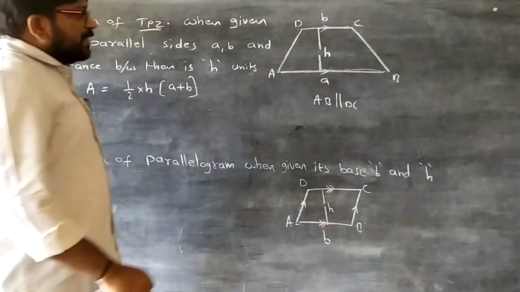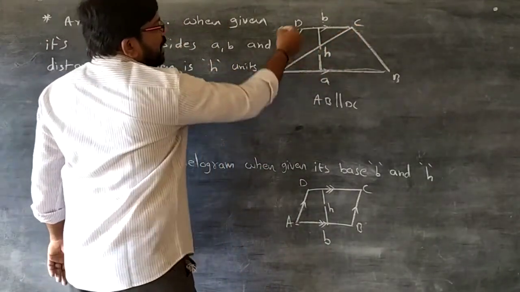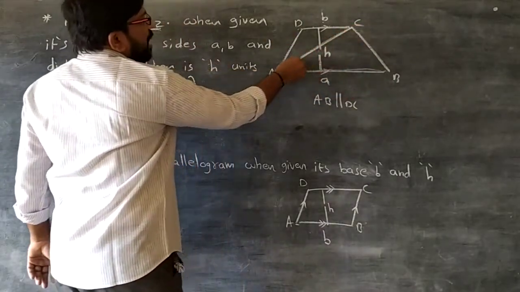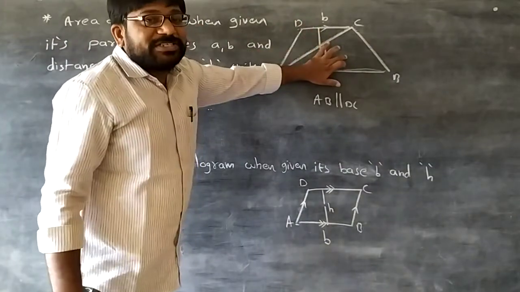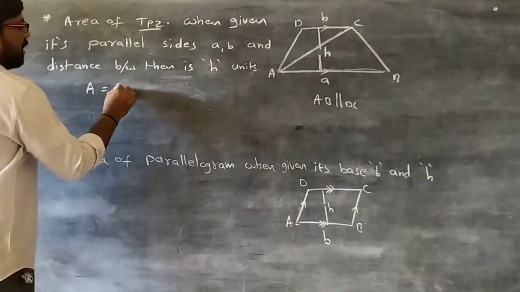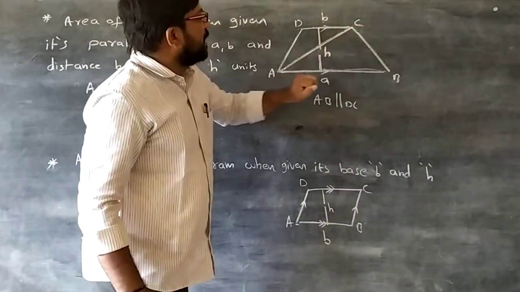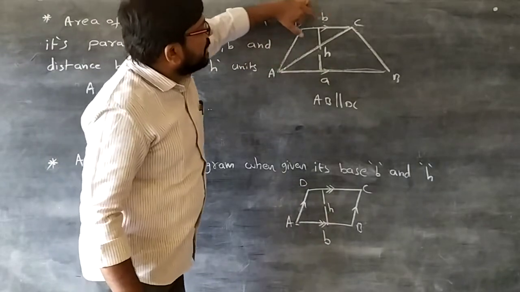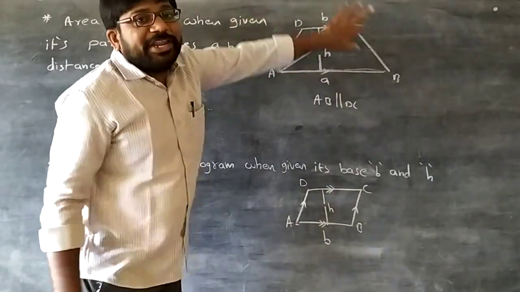In this trapezium, observe carefully, AC is a diagonal. The diagonal divides it into two triangles, right? So area of trapezium can be written as area of triangle ABC plus area of triangle ADC. The sum of these two triangles gives the total area, right?